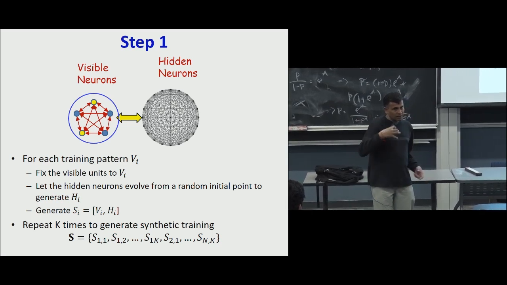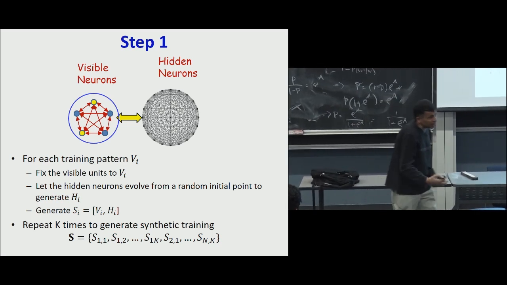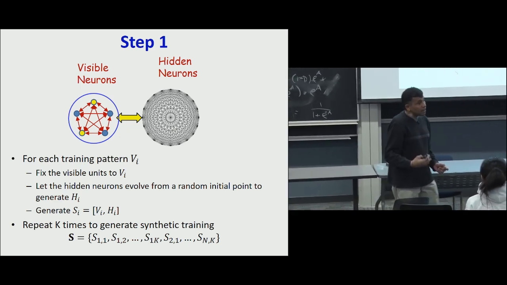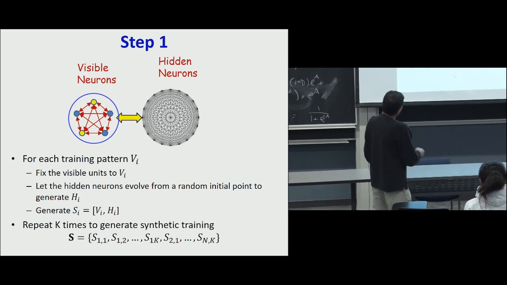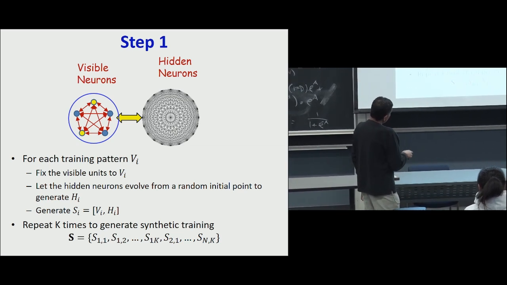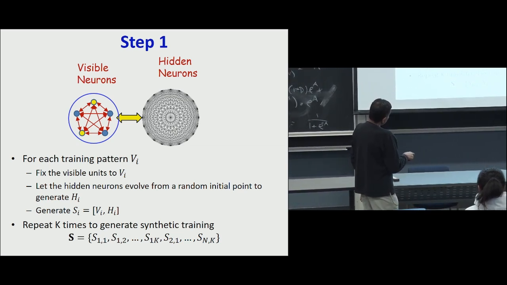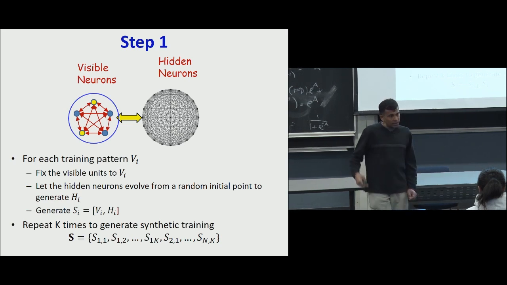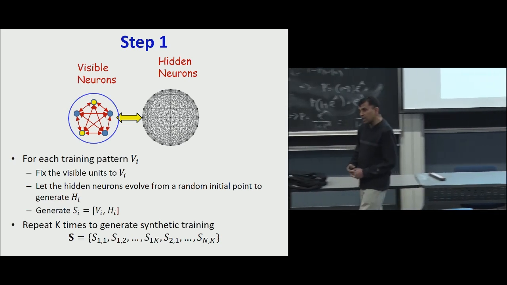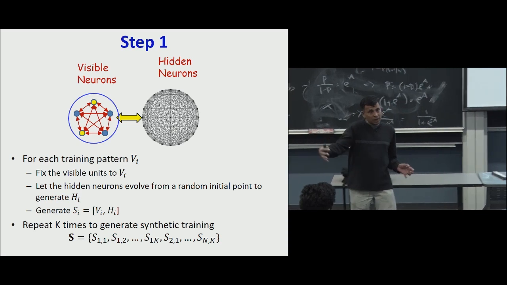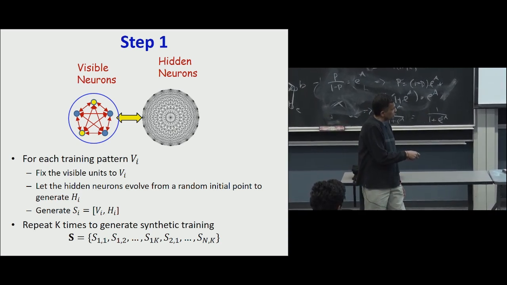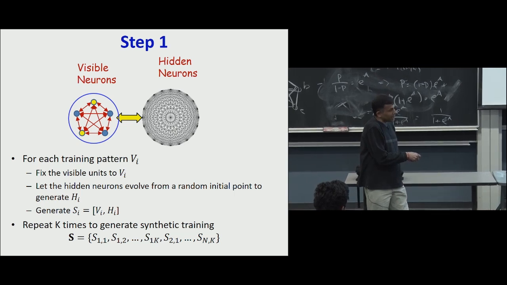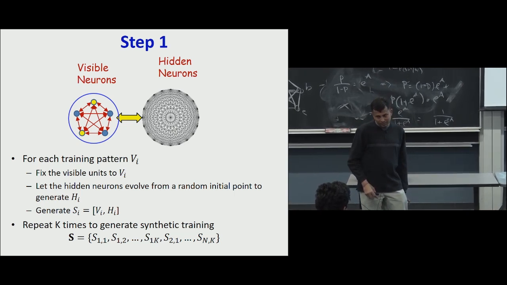If I fix the V and run my Boltzmann machine, eventually the only thing I'm going to be generating is many samples of H, right? For each visible pattern, I will be generating several samples of the hidden pattern when I run it. Now each visible pattern becomes a collection of samples, where in this entire collection the visible portion is fixed and the hidden portion changes.